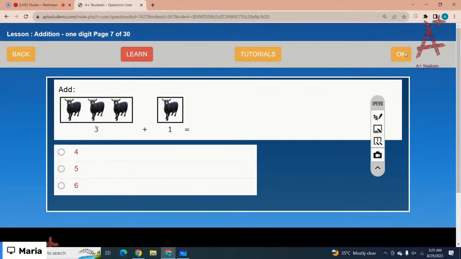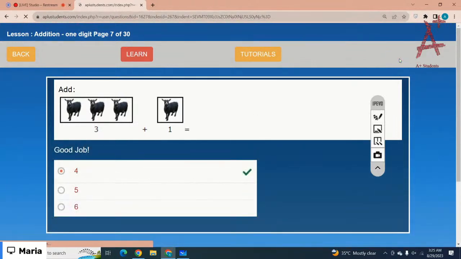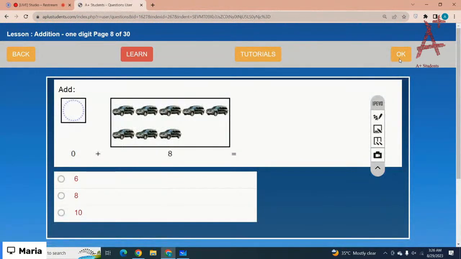Okay, the next one is you have 3 sheep in a group and 1 in another group. So you have to count them together. So together they make, yes, 3 plus 1 makes 4. So the correct option is 4. The next one is add 8 plus 0 equals.